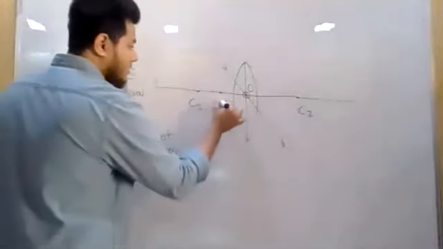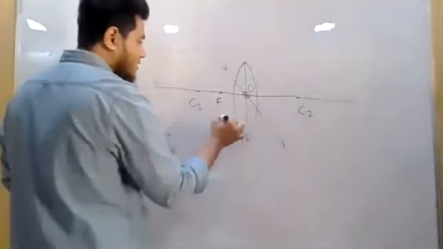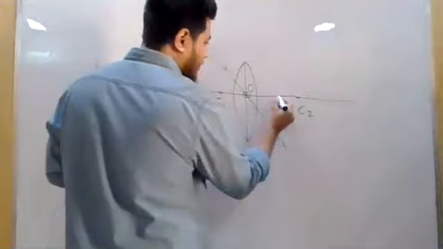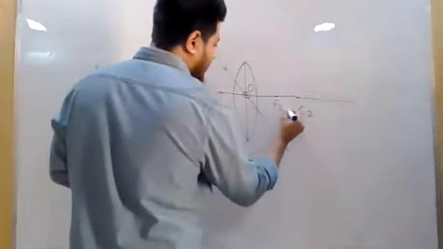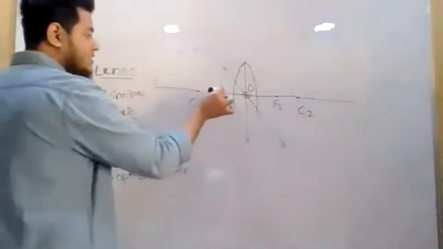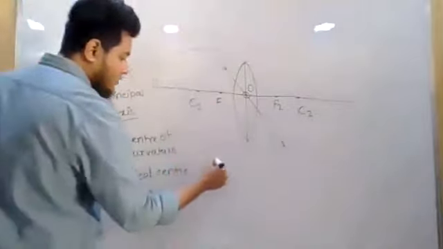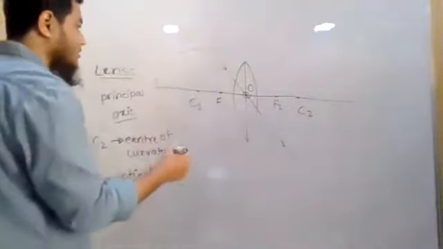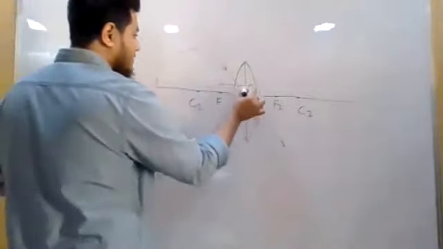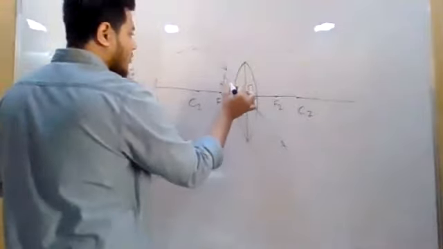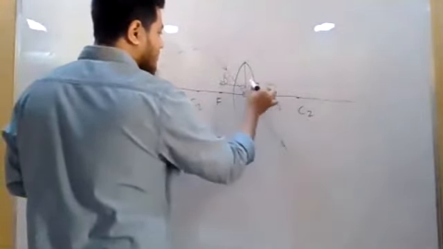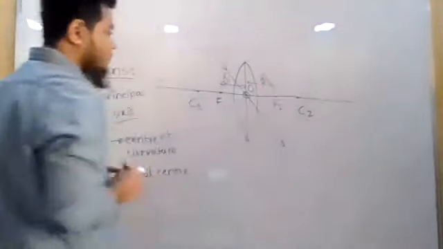So it will be somewhere here. Let us say this is f1 and this one is f2. And the distance between the optical center and the focus is called the focal length. So small f1 and this is small f2.